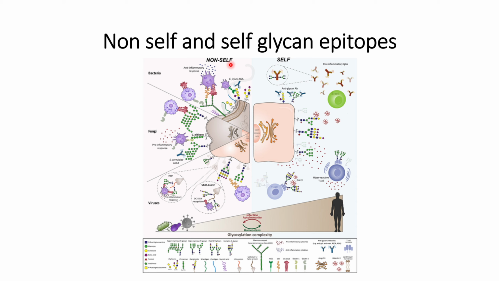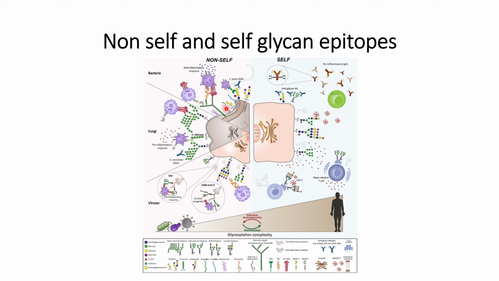As we can see here, one of the non-self glycan epitopes is the high mannose glycan structure found in microorganisms, and it can generate an immune response with the help of C-type lectin receptors, which help detect these non-self glycan epitopes and generate a pro-inflammatory response.